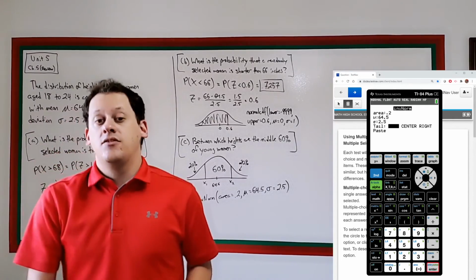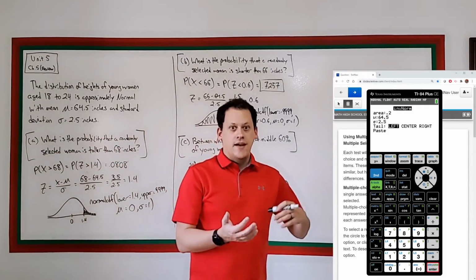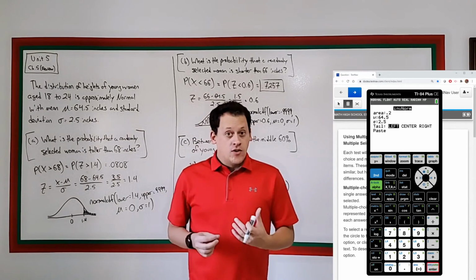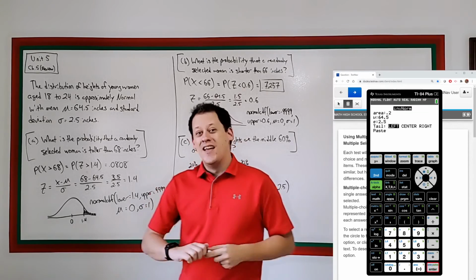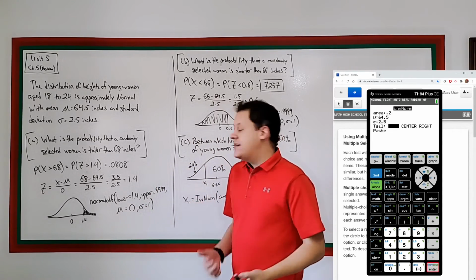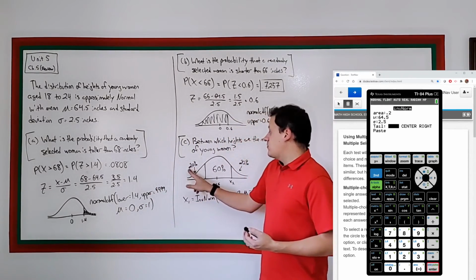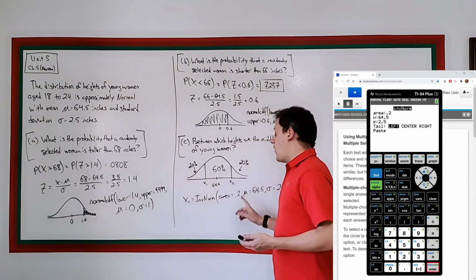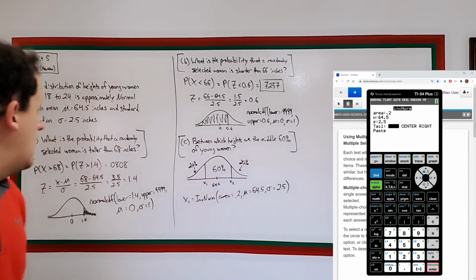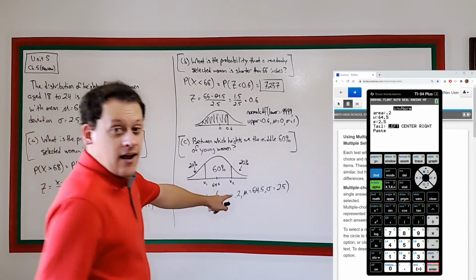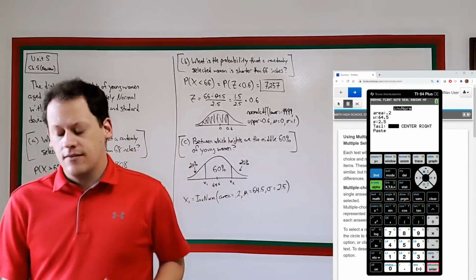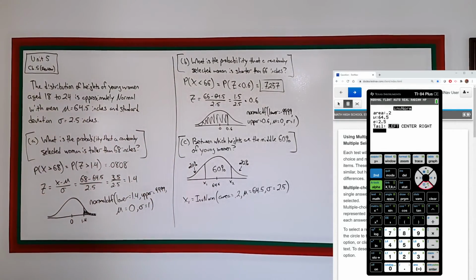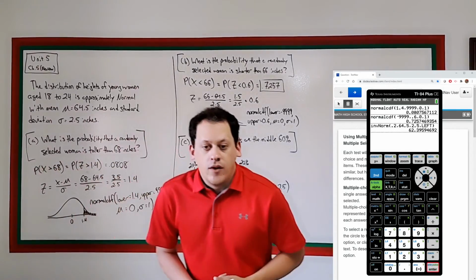Now, where this calculator says tail left, center, or right, I'm always going to use left there because I didn't grow up with a calculator that had the option. But you'll see in a second where it might come in handy. I'm always going to use the area to the left, which is 20%. So I'm always going to use tail left. If you just leave it like that when you're writing out your work, they'll assume that that's what you're using, the area to the left. They'll understand that. So tail left, enter. It gives you 62.40.